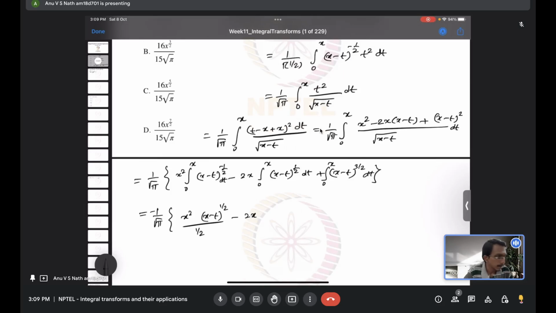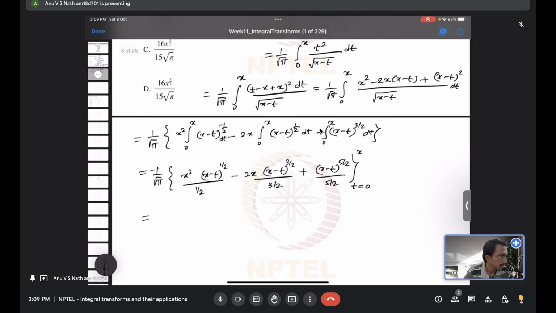So that we will write later, but right now just integrating. Then (x minus t) the whole raised to 3 by 2 by 3 by 2, with the negative that we already kept outside. Then plus (x minus t) the whole raised to 5 by 2 by 5 by 2, with the negative sign that we already took outside. Then we have to apply the limit where t is going from 0 to x.